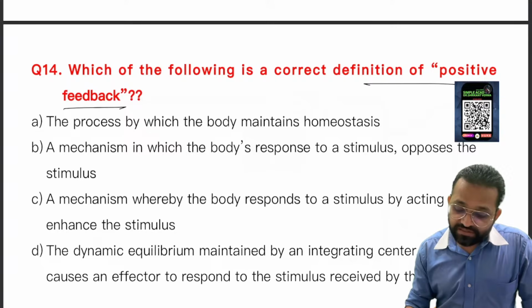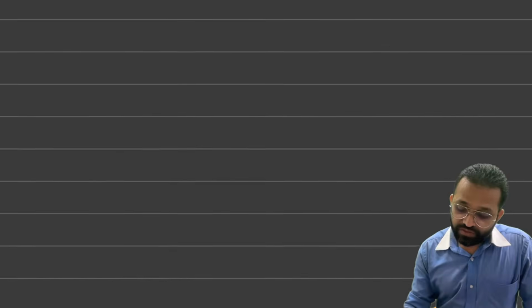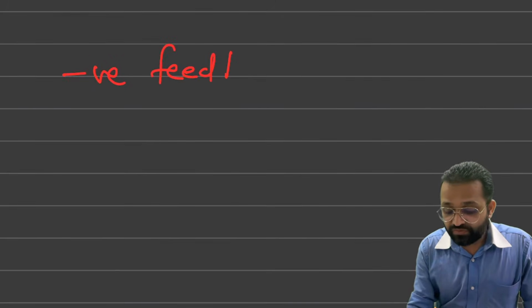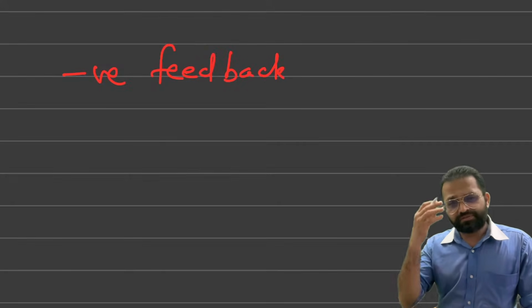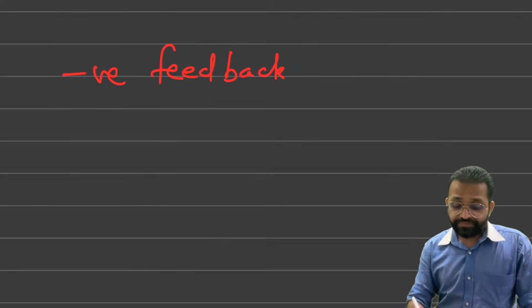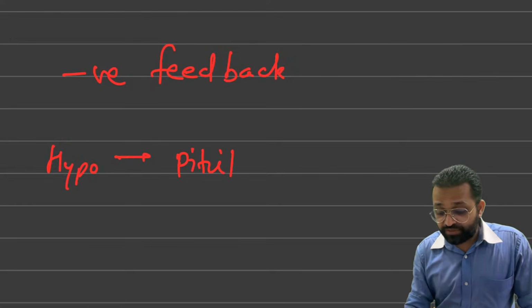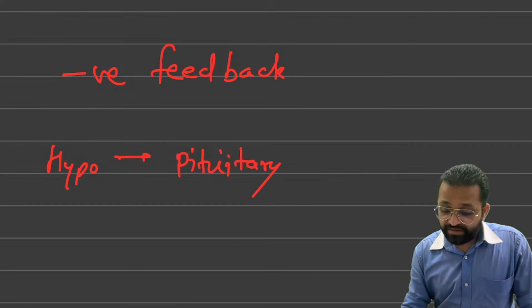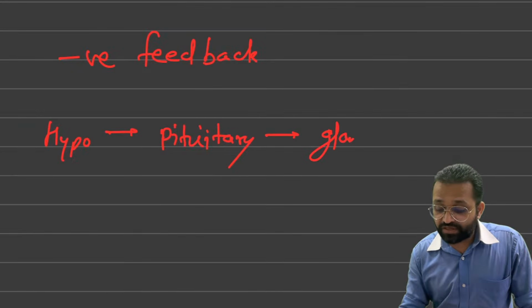The maximum cycles in our body are negative feedback. Negative feedback means, for example, the hypothalamus stimulates the pituitary gland, and then the pituitary gland releases the hormone which acts over a particular gland, and then there is a secretion.